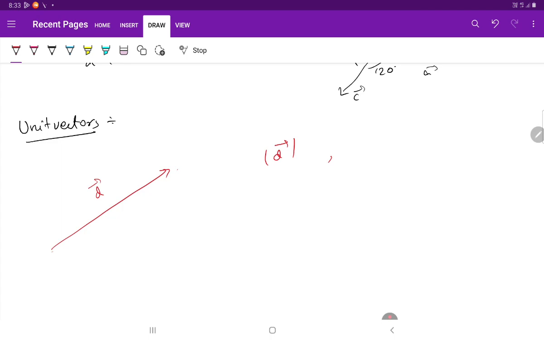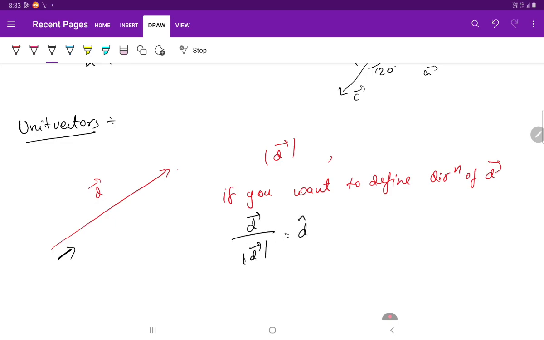If you want to define the direction of the D vector, what we do is consider a small line along the D vector, and this direction is represented by D vector divided by mod D vector, which is written as D cap. This D cap basically is a unit vector with the direction along the D vector.